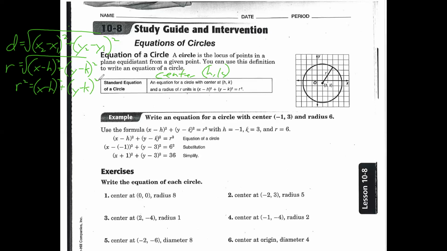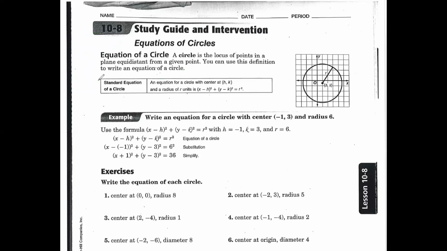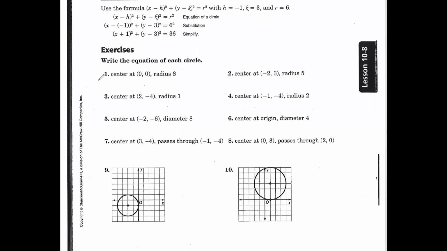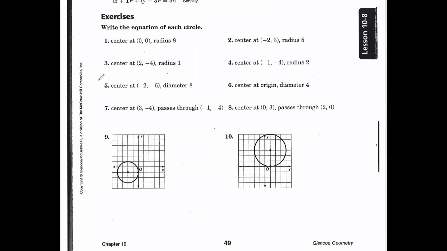Let me scoop this up and we're going to do some of these problems down here. All right, let's start off with number 3. I'll come back to number 1. First off, we have those coordinates of 2, -4. That's our center point. So for our equation, we're plugging this in for h and this in for k. Our radius is 1. That's going in for r.